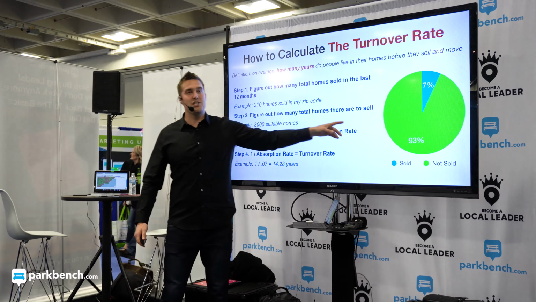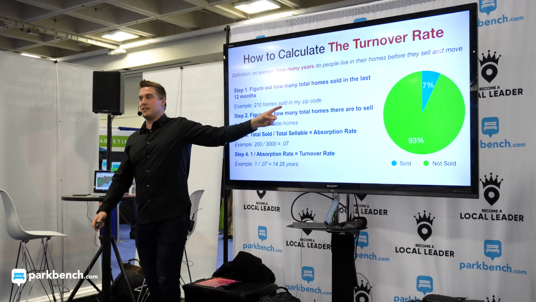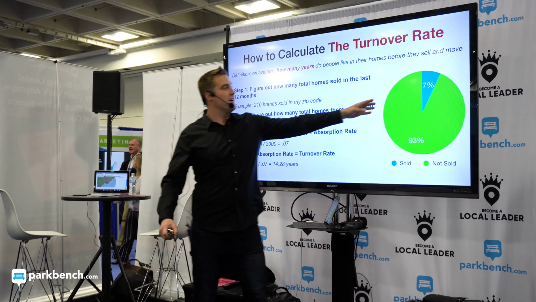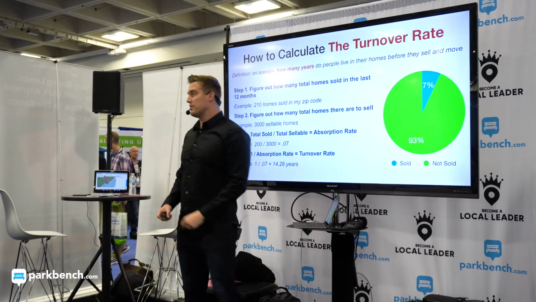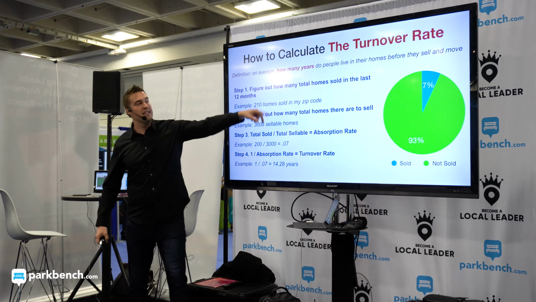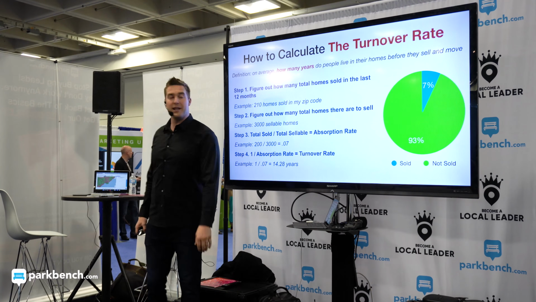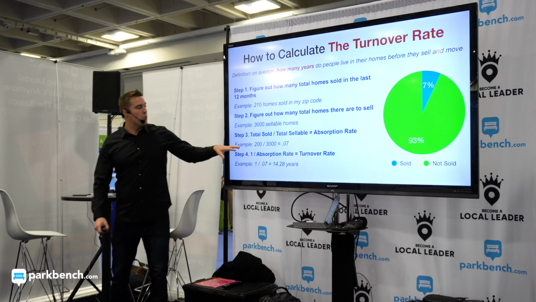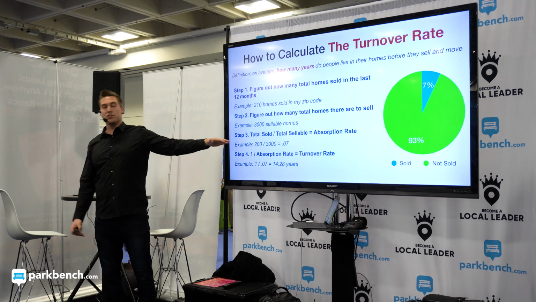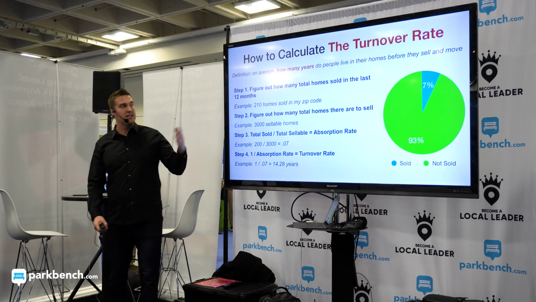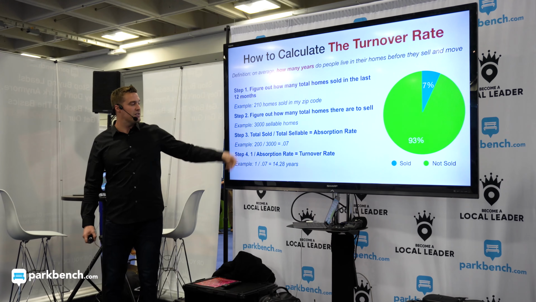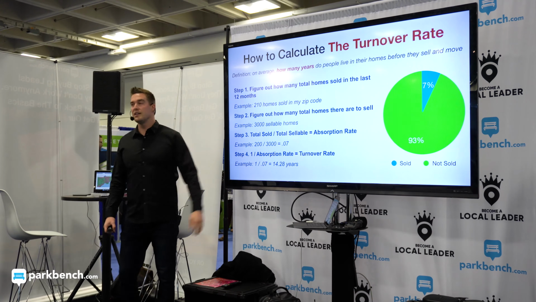Okay? This image on the right represents your market. And so every year there's a sliver of the pie that is sold. And it blows my mind how many agents don't know how big that sliver is, because the great thing about knowing that is once you know the absorption rate, how much of the market was absorbed in a transaction, let's say 7% in this example, 210 divided by 3,000 gives you 7%.